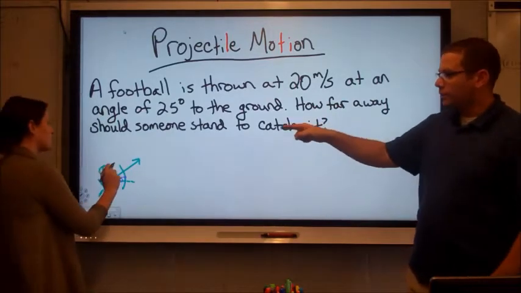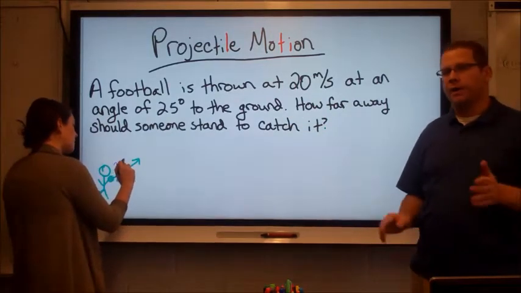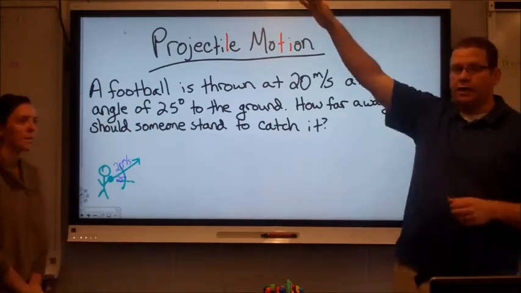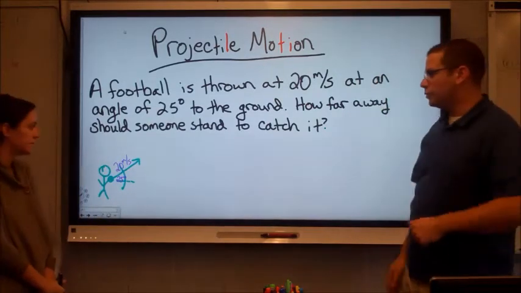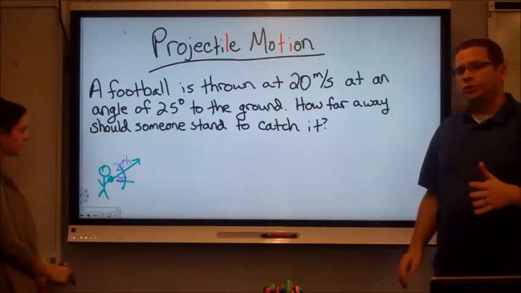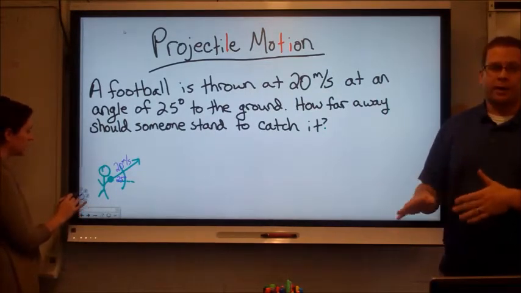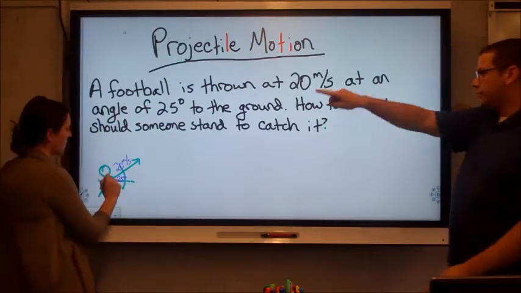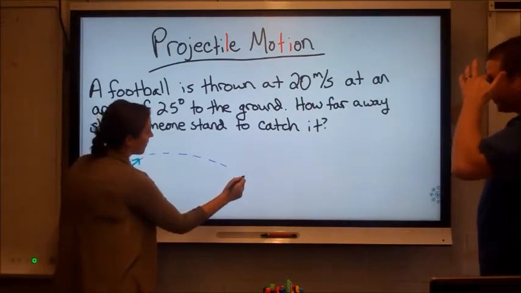You're going to write it right on top of that vector, because that's the angle and the velocity you threw it at. You can draw in the path of the ball. You should know that it follows a parabolic path from one side to the other.